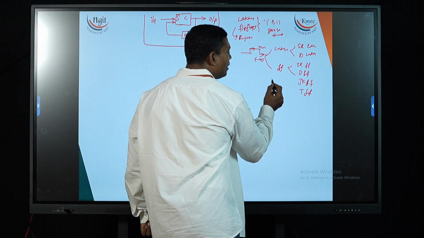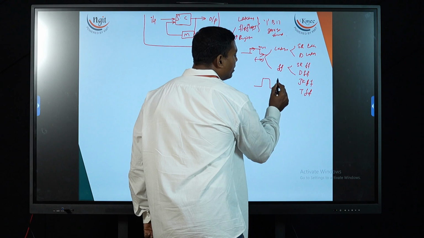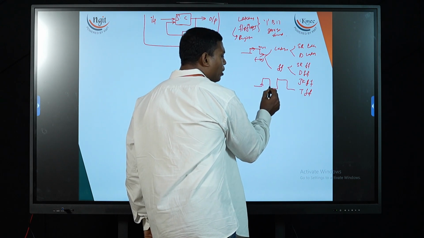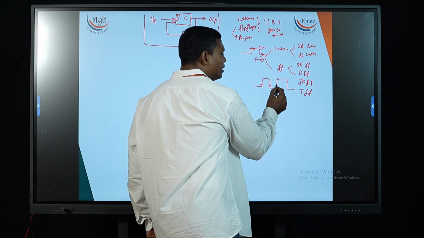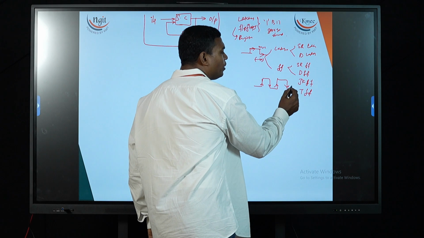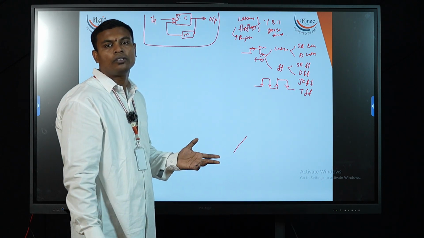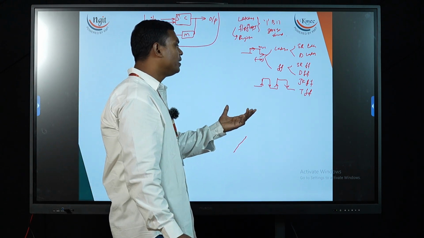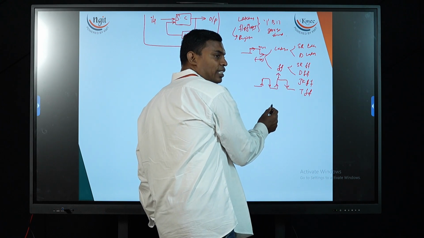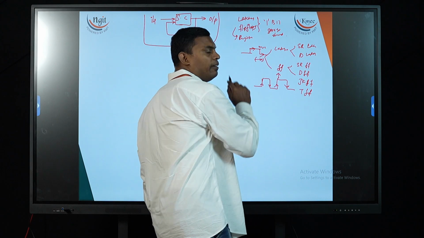Whereas flip-flops are edge triggered elements. Edge means the circuit gets on at one edge and off at another edge. So flip-flops are edge triggered elements, and latches are level triggered elements.